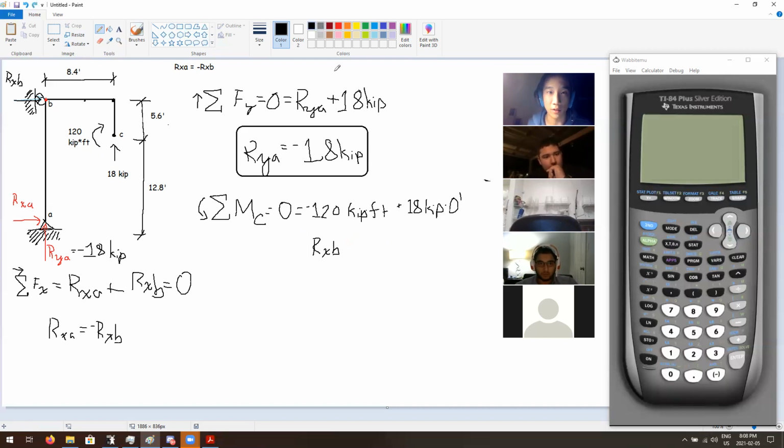RXB. Oh God, why is that red? 5.6 feet. Positive or negative? Negative. It's going to be pushing it clockwise.